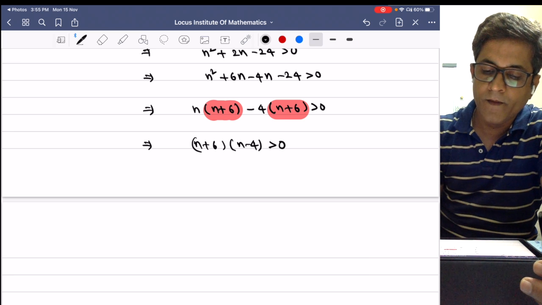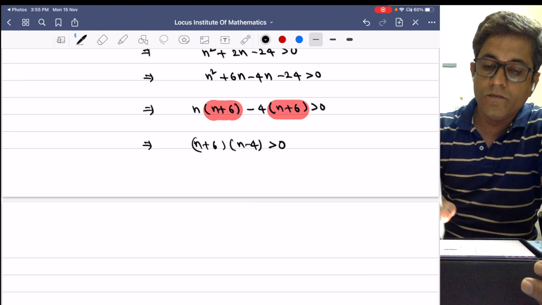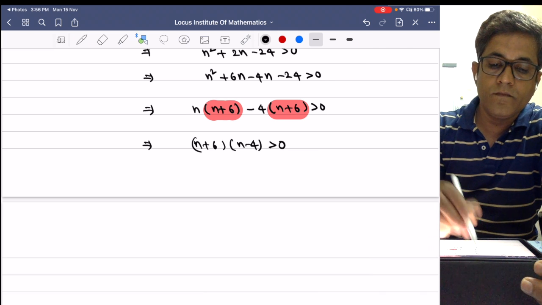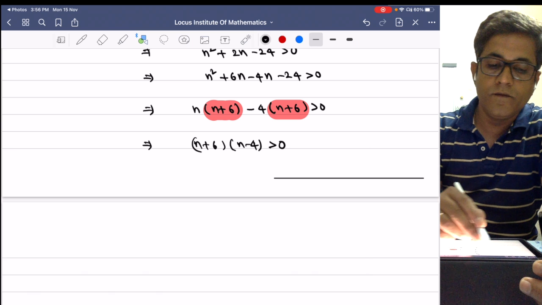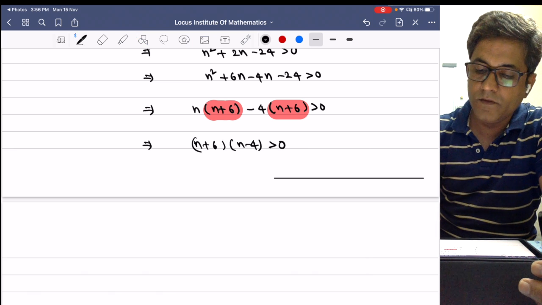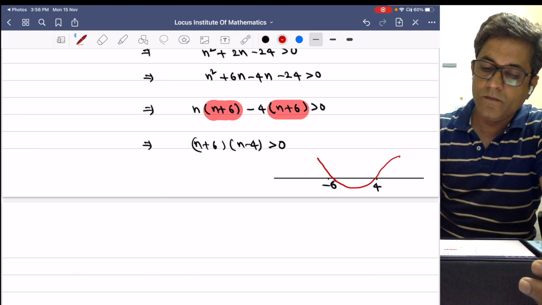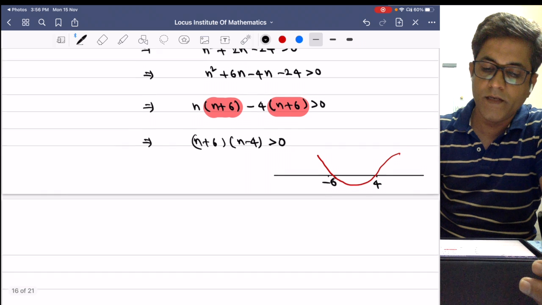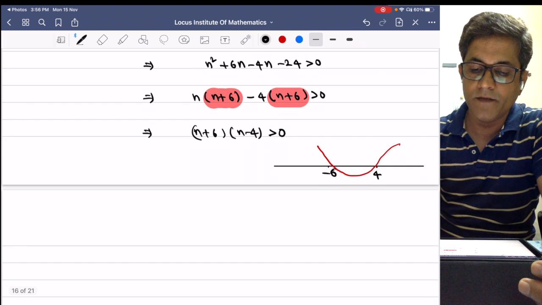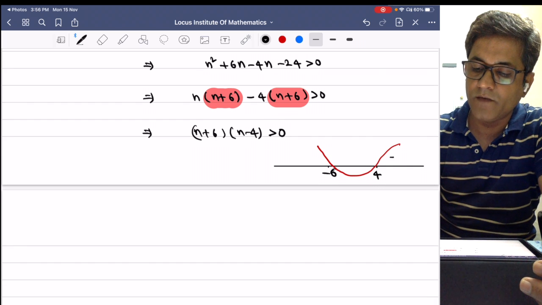Here this is −6 and this one is 4. Here (n + 6)(n − 4) is positive, negative, positive across the intervals.